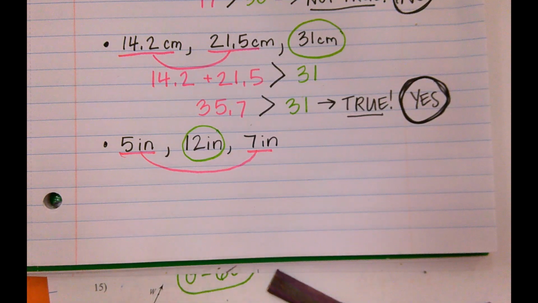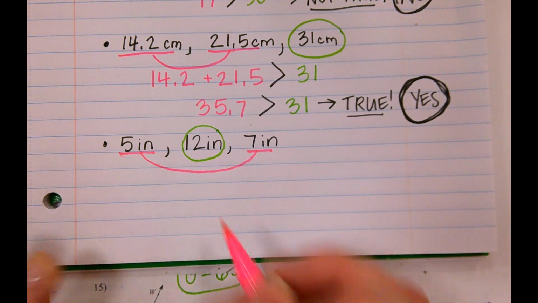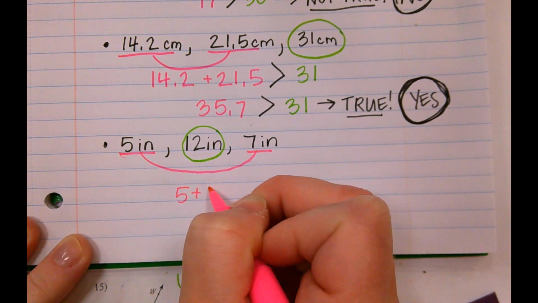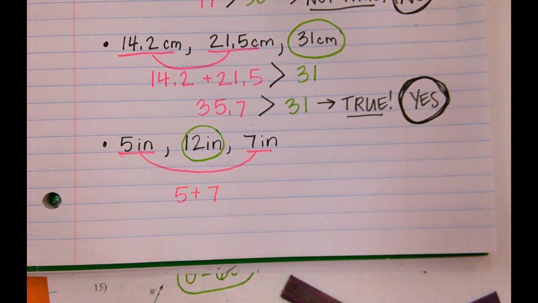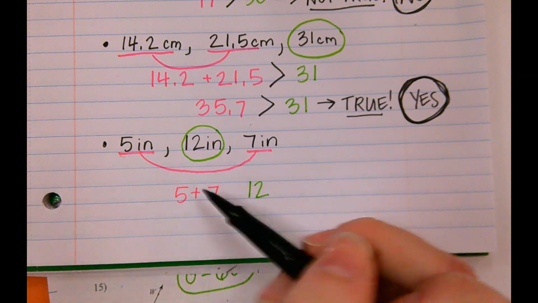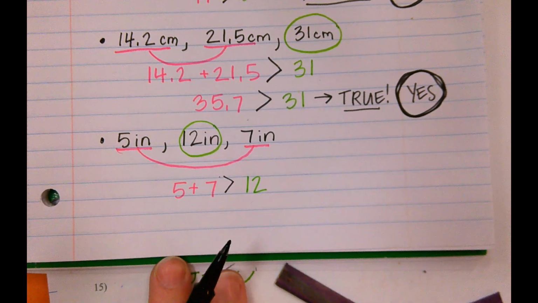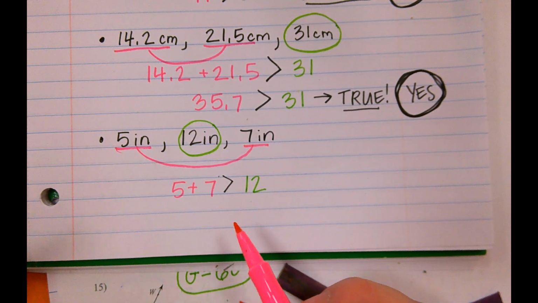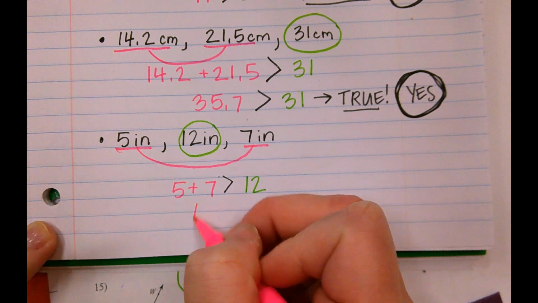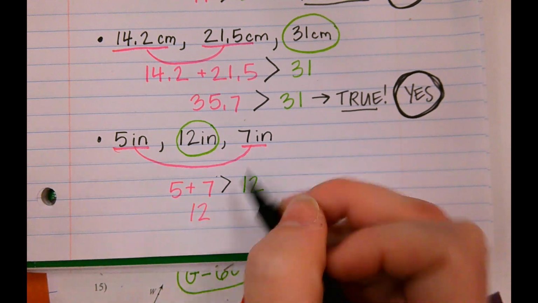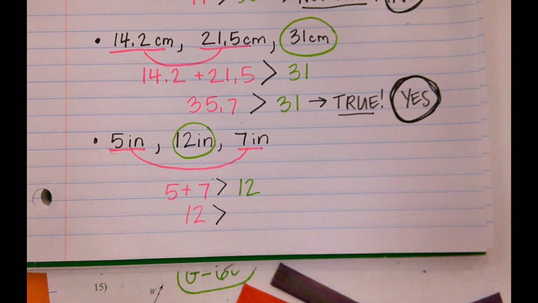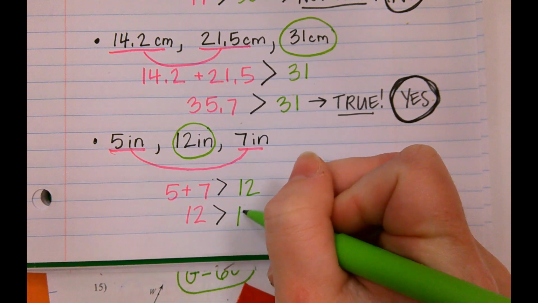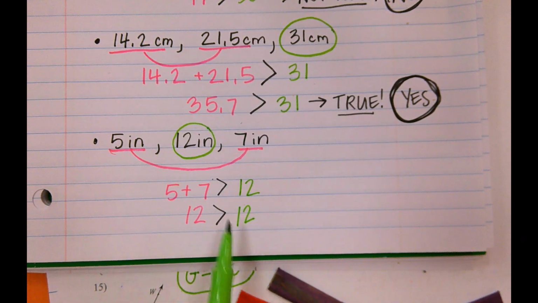So what should I do? We'll add the 5 and the 7. Bring down my 12, and it should be greater than 12. What is 5 plus 7? Well, it's 12. So is 12 greater than 12?